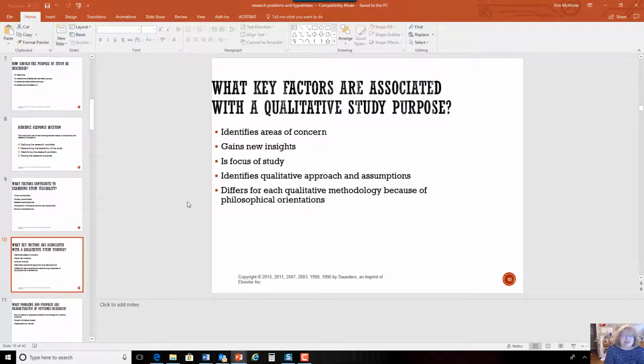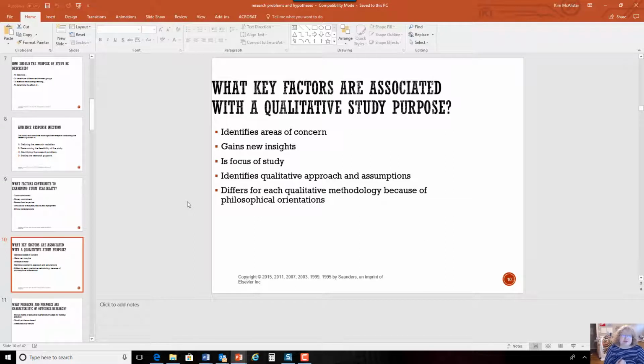With qualitative studies, you're looking at more of an area of concern or something that you want to learn more about. You want to get insight into the lived experience of a patient who has maybe diabetes and congestive heart failure, or you want to take a look at the lived experiences of nurses who have been the victim of workplace violence.